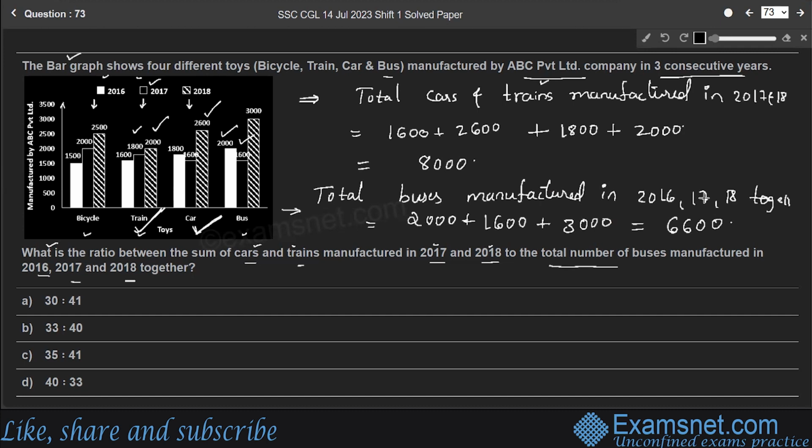So here the question is the ratio between these two numbers, right? So the required ratio is total cars and trains manufactured in 2 years, 2017 and 18, which is 8,000, to the total number of buses manufactured, 6,600. Which is nothing but 80 is to 66, right?